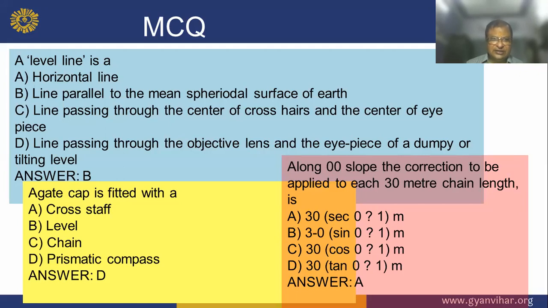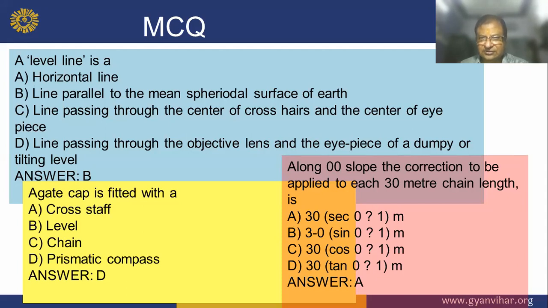And next question: a gate cap is fitted with what? The correct answer is D, that is the prismatic compass.